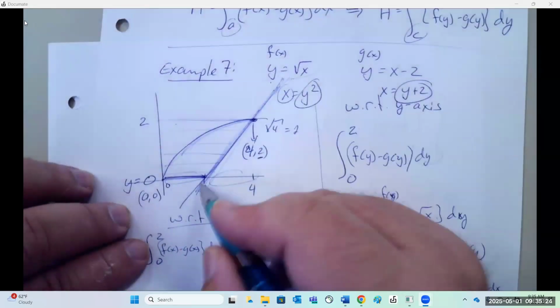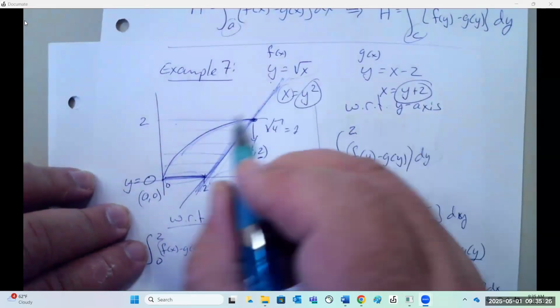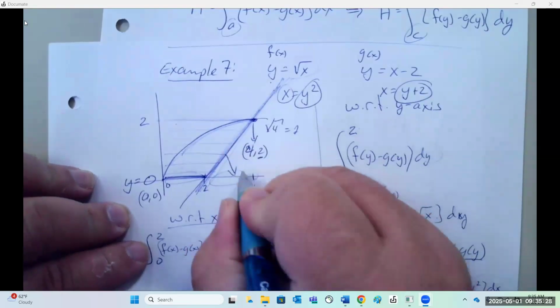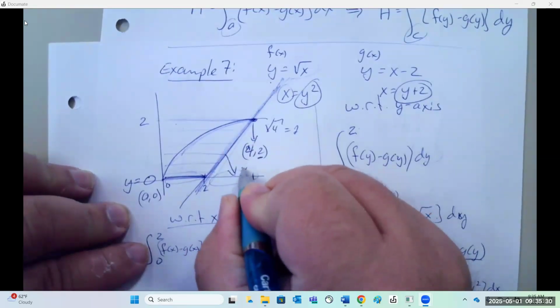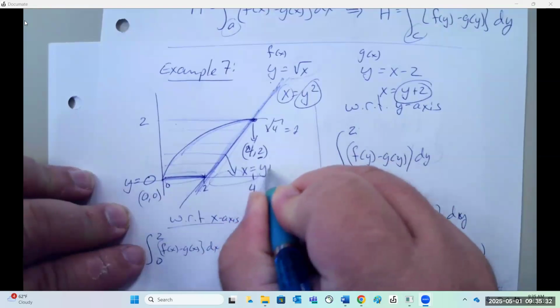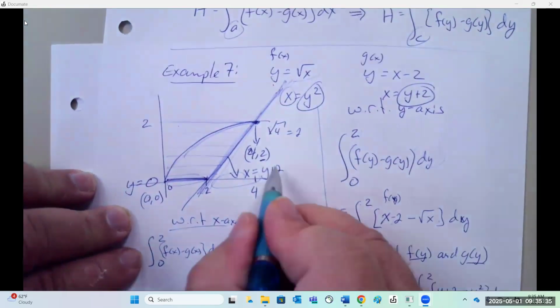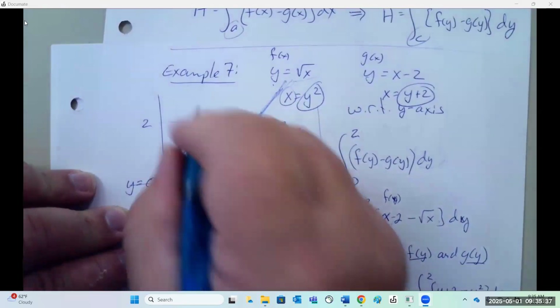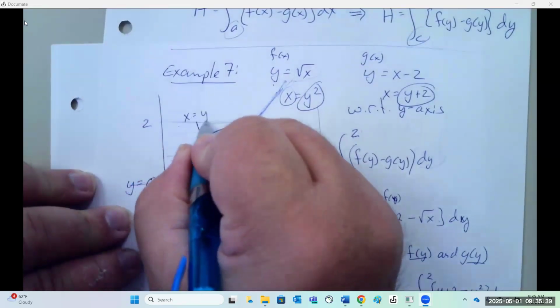And we do the graph. The farthest right function is x equals y plus 2, and the inner function is x equals y squared.